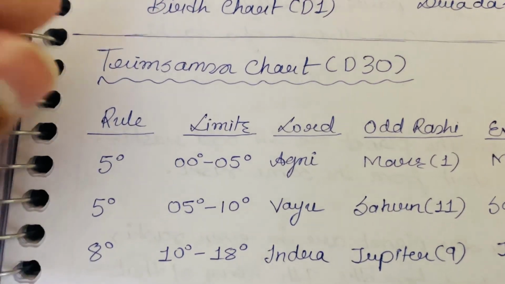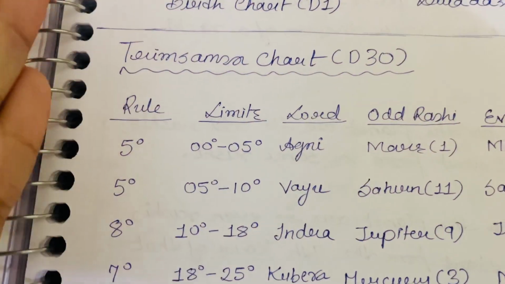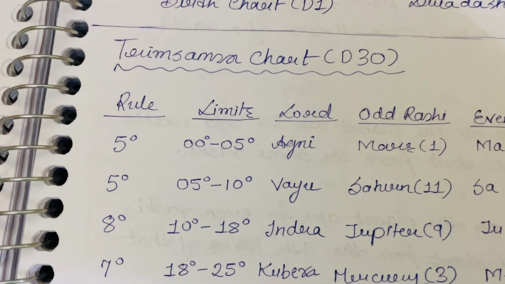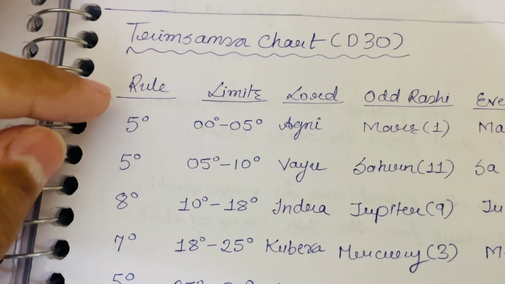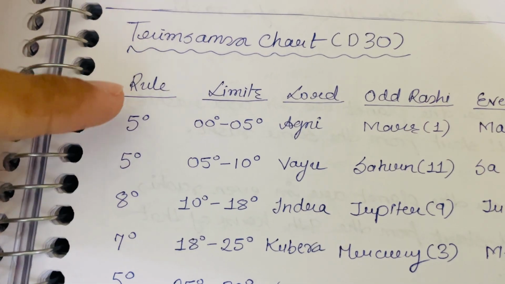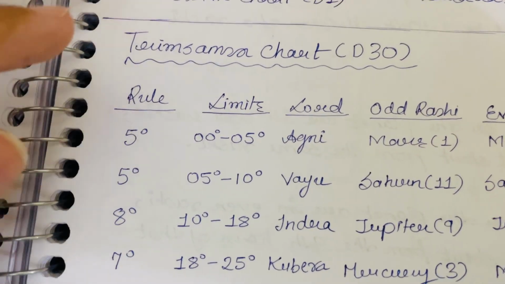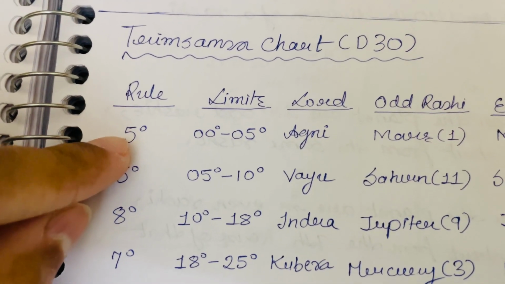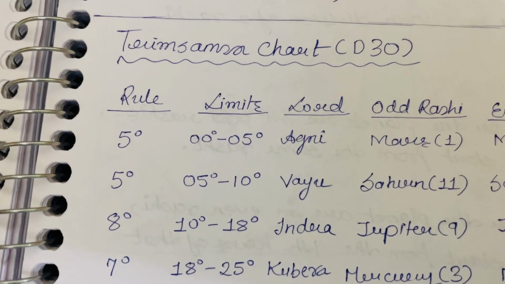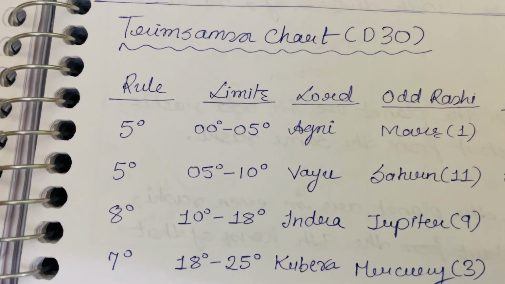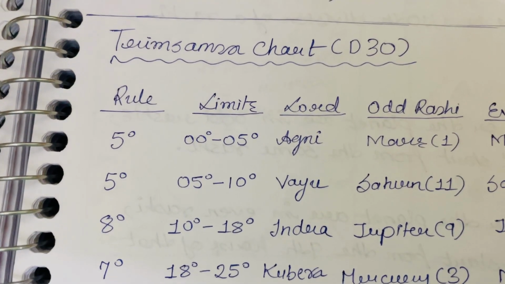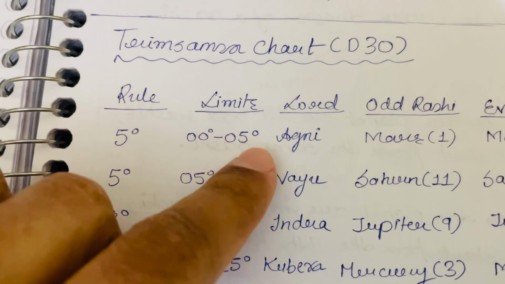Let's now focus on the odd Rashi. Write the rule as 55875, these are degrees only. So this is 5 degrees for the first limit. The starting degree will always be 0 degree, so it is 0 degrees to 5 degrees.